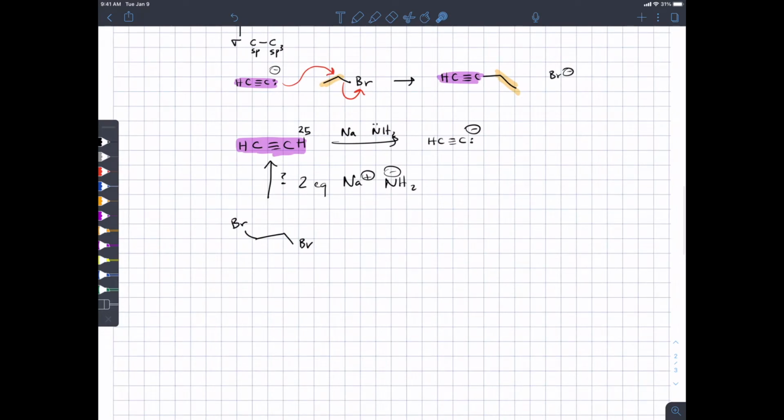We're still not to our simple alcohol starting material. So where do I get the dihalide from? I'll give you a hint, that's a chapter 10 reaction.